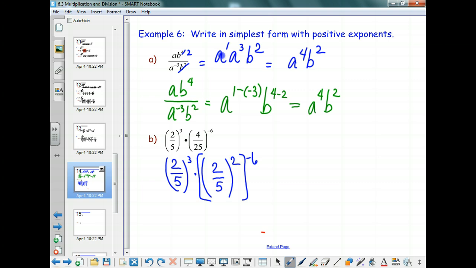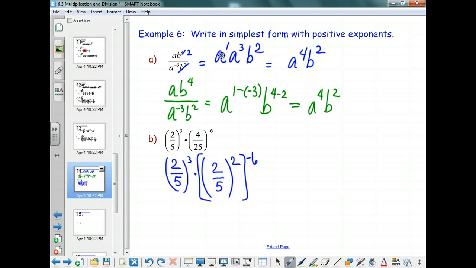So I took 4 over 25 and I sort of undistributed the power 2. I really used property 5 in reverse. I undistributed something. And that's helpful because they both have the same base, 2 over 5 now.